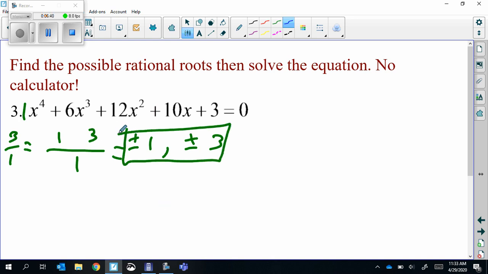And then we're going to test and see which ones work. We're going to test them with synthetic division. If we get a remainder of 0 from synthetic division, then it works, and it's a 0 or a root. So we'll start with positive 1. Synthetic division, we make sure we're not missing any powers here.